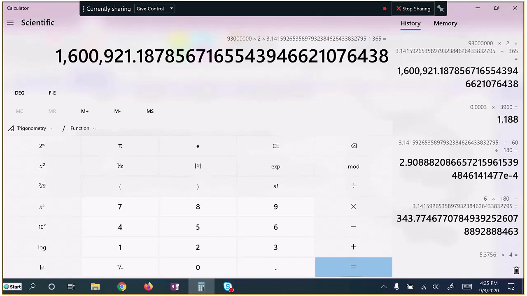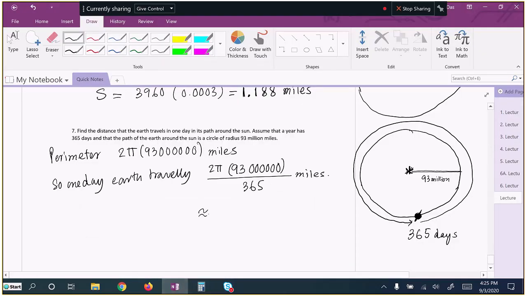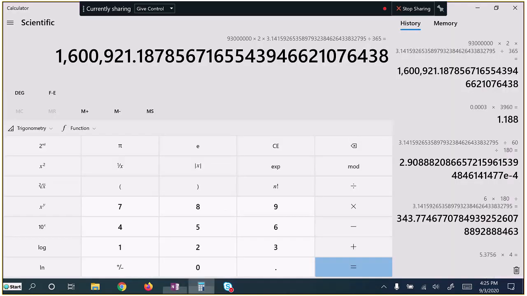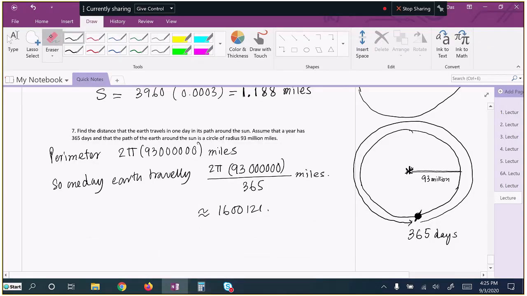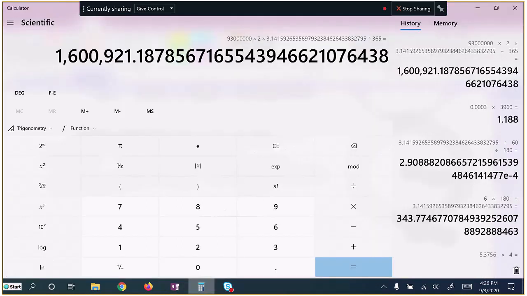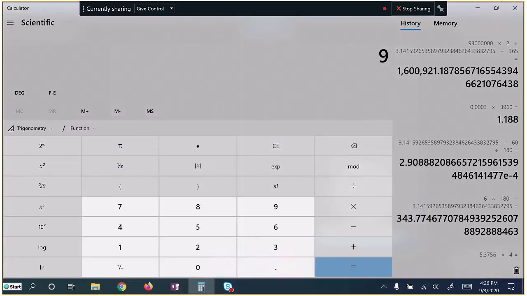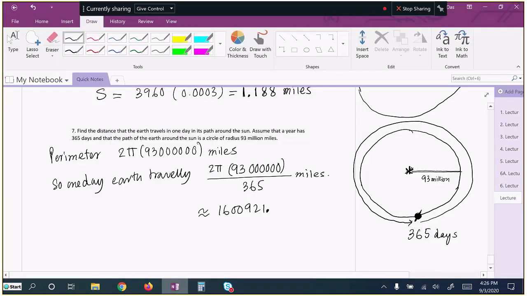So it's approximately 1,600,921.1879 miles. Wow, so Earth travels more than 1,000,000 miles a day.